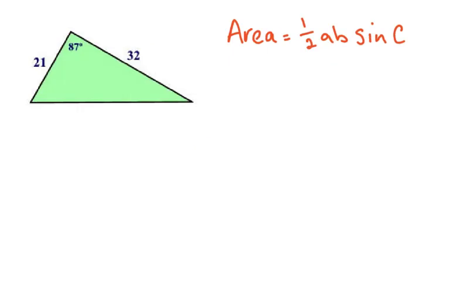So now looking at this example to help us find the area of this triangle, the first step is that we actually need to label our angles. Notice I'm going to be labelling that angle C. The reason I'm labelling that angle C is because that is where I've been given this angle of 87, and that's where we're going to use the sine C. So therefore this is going to be side c.